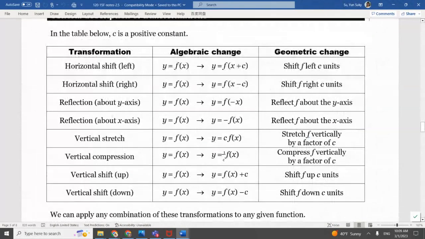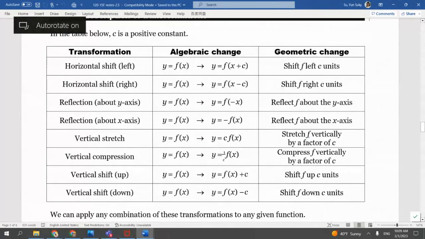transformations. So we gather all of them together. So this is the transformation table. We have horizontal shifts.